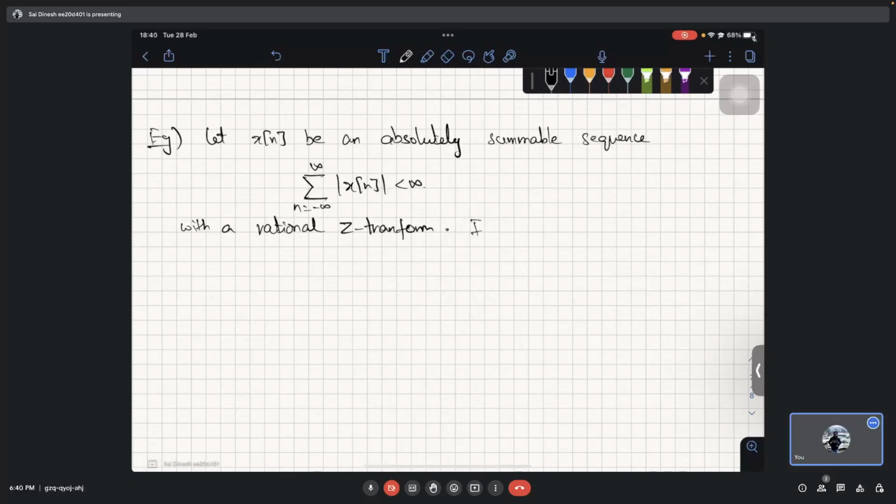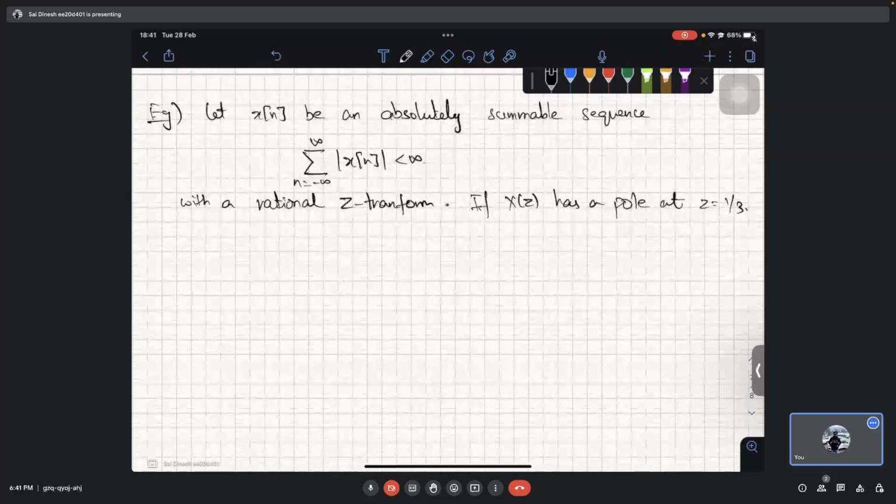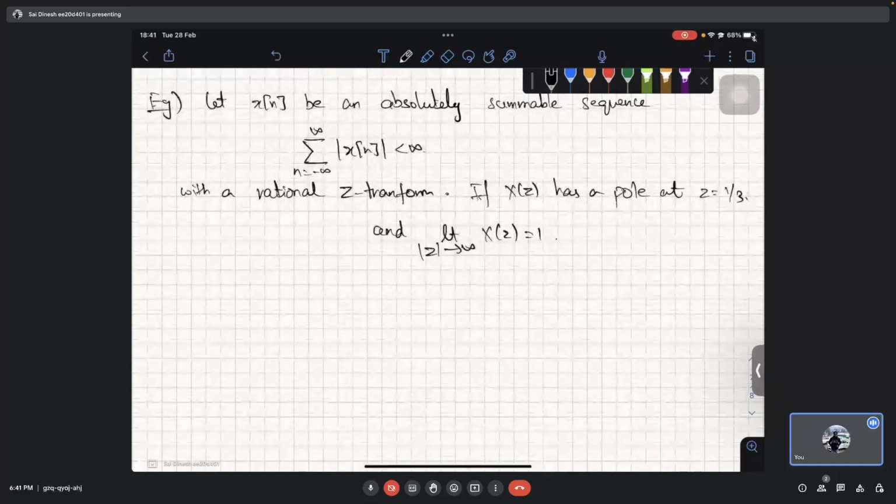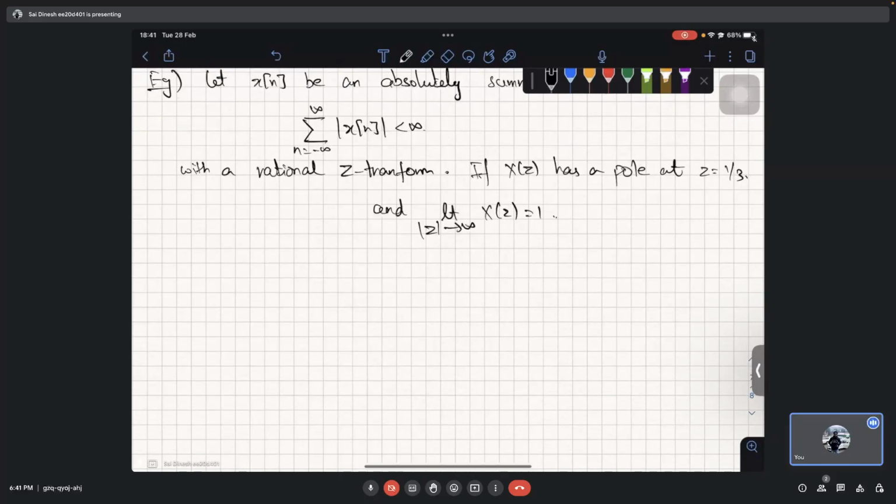Okay, so if x of z has a pole at z equal to 1 by 3 and limit mod z tends to infinity x of z equal to 1, what can be said about the extent of x of n? What can be said about x of n?